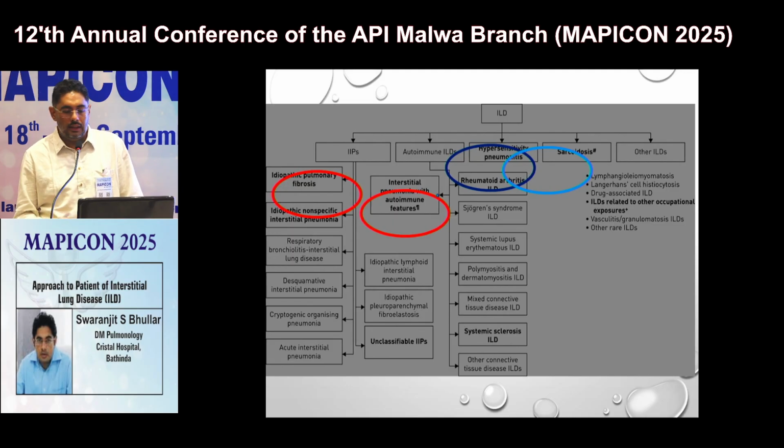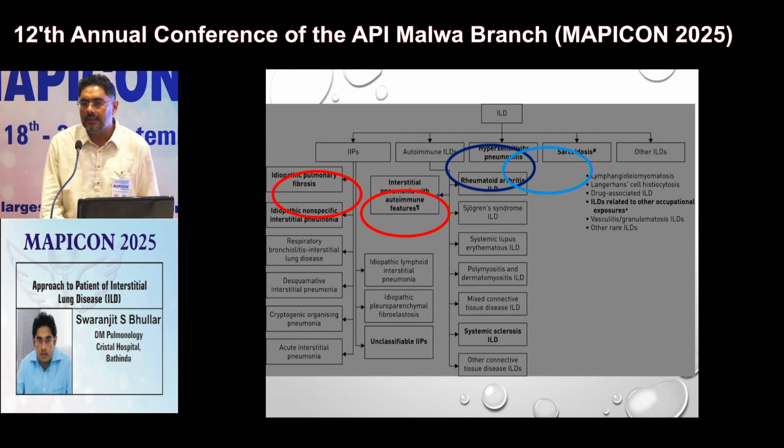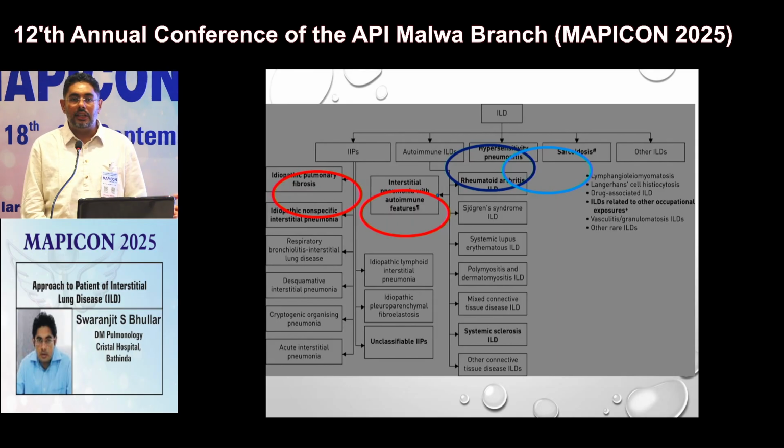Then other ILDs like lymphangioleiomyomatosis, specifically in ladies, and Langerhans cell histiocytosis in males. Drug-induced ILD, like Cordarone, amiodarone, bleomycin, busulfan, anti-cancer drugs, all of these can cause drug-induced ILDs. Radiation can cause it, even paraquat; oxygen, sometimes high amounts of FiO2, can cause it.